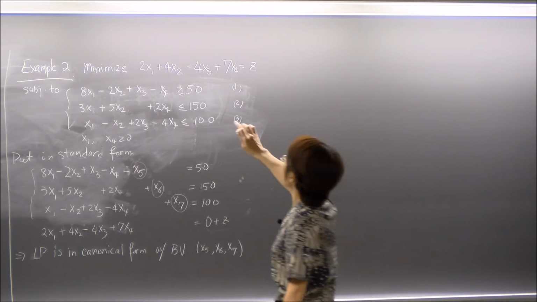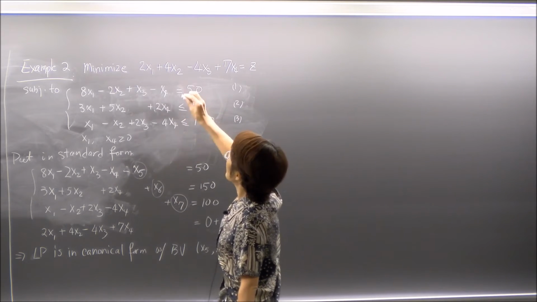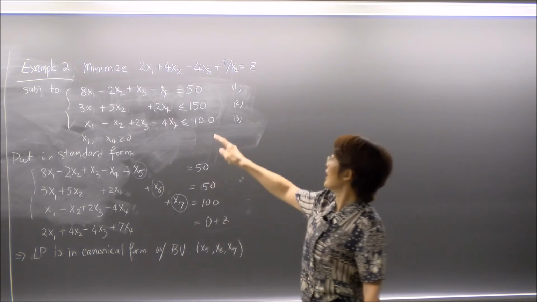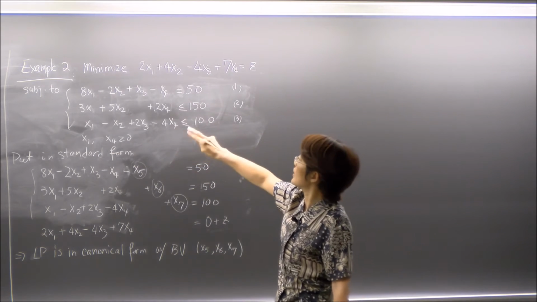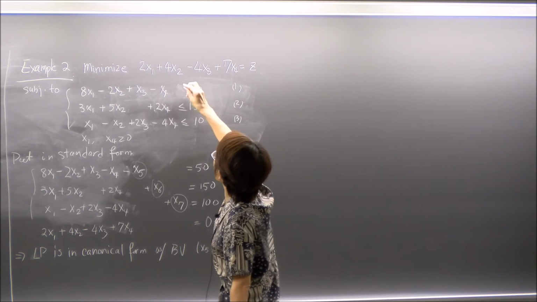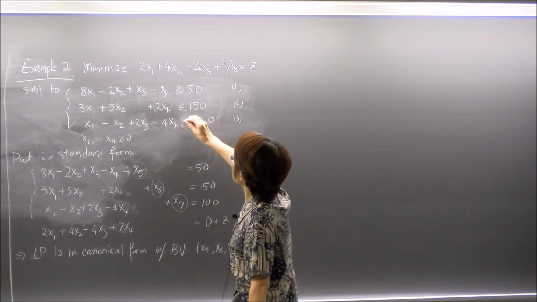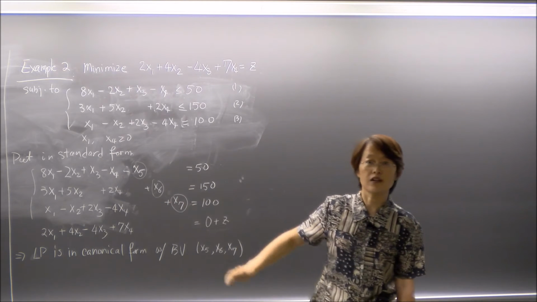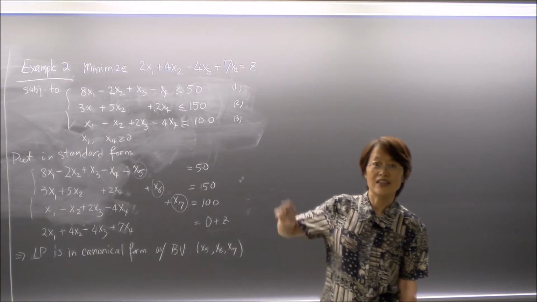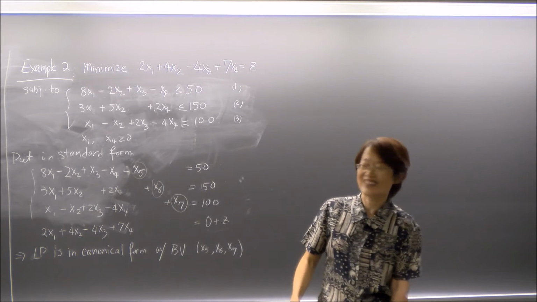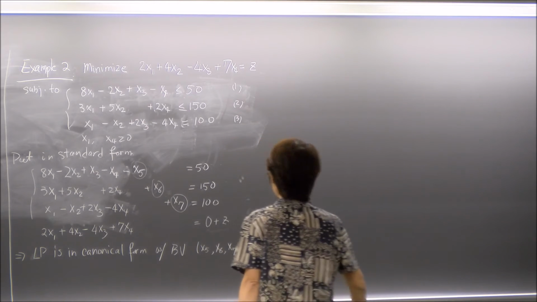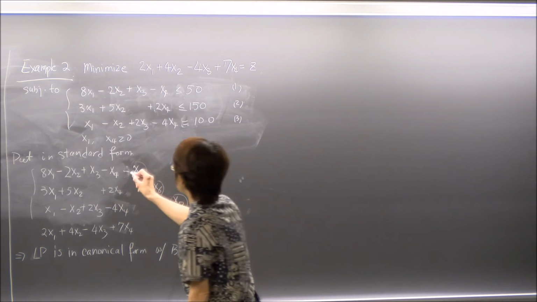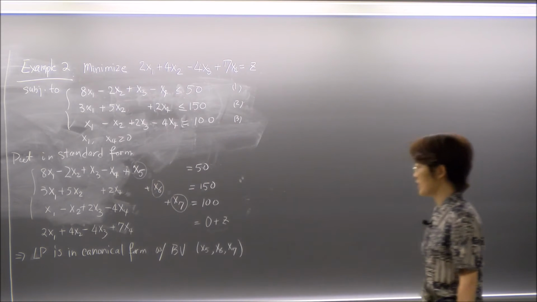Or you could have the first equation already equal, and then you only add slack onto these two, or let's keep the first one, okay? Let's say the last one is an equal constraint. Then you cannot add x7, then it's not canonical. It's not obvious. This is a lucky situation, all right? Later we'll learn a way of dealing with it. Okay, so right now we're fortunate, so let's be happy with this.